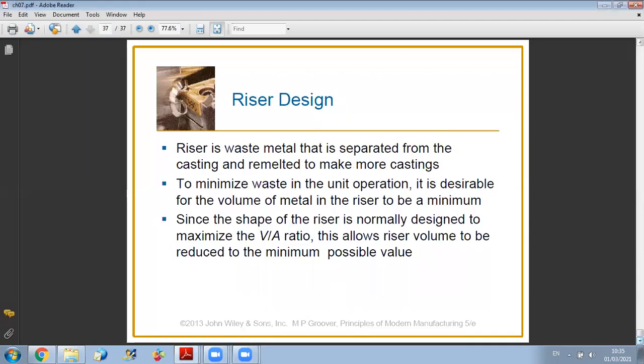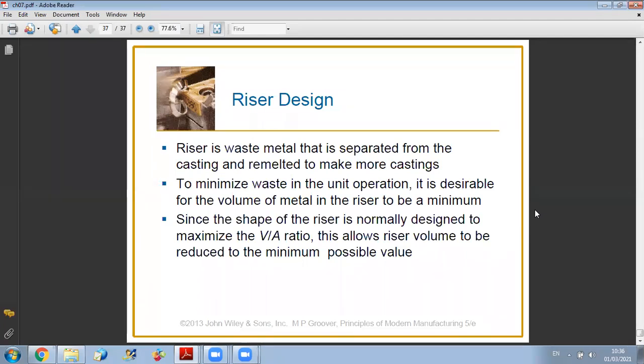Now, for the riser design, we know that at the end, the riser metal that remains is waste. We can reuse it if we remelt the casting. But in order to reduce the waste and the need to remelt, when we do the design, we try to minimize the volume while maximizing the ratio V over A. Okay?